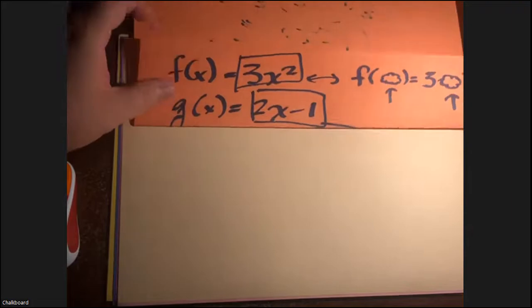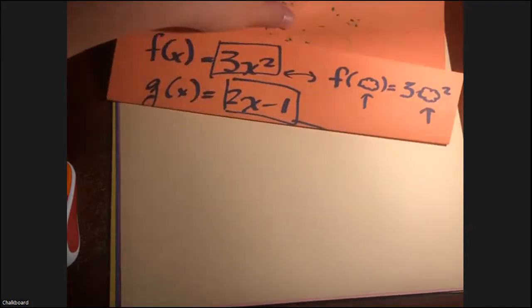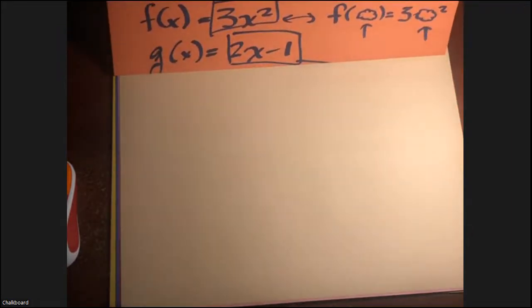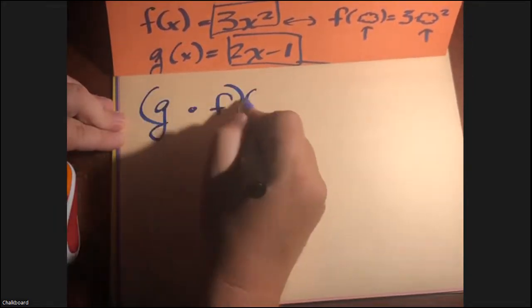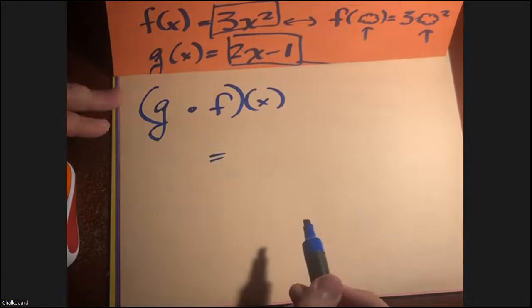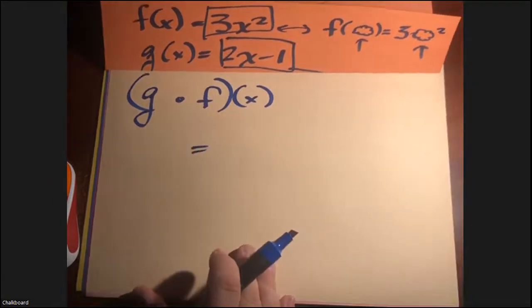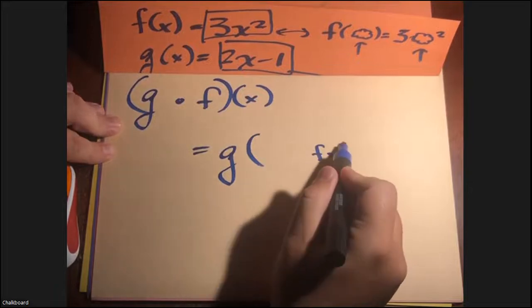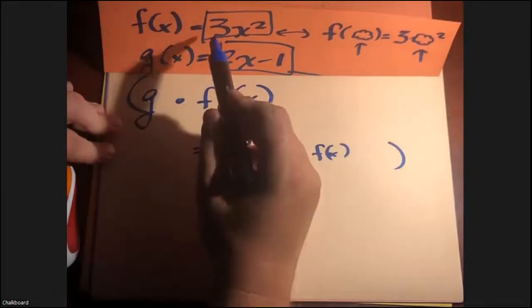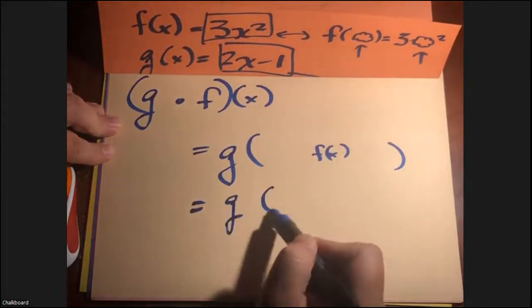And instead I was going to say, find G compose F of X, right? To find G compose F of X, it would be something more like this, G of, and then F of X. Now what is F of X? F of X is 3x squared, so this is G of 3x squared.